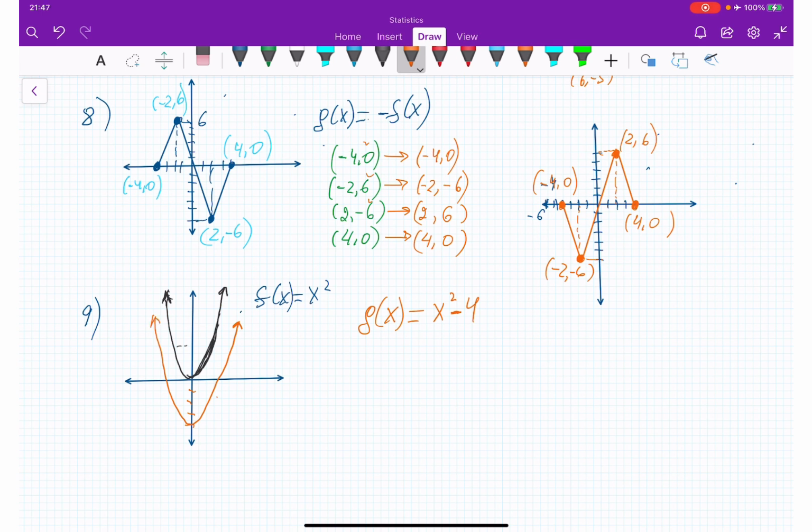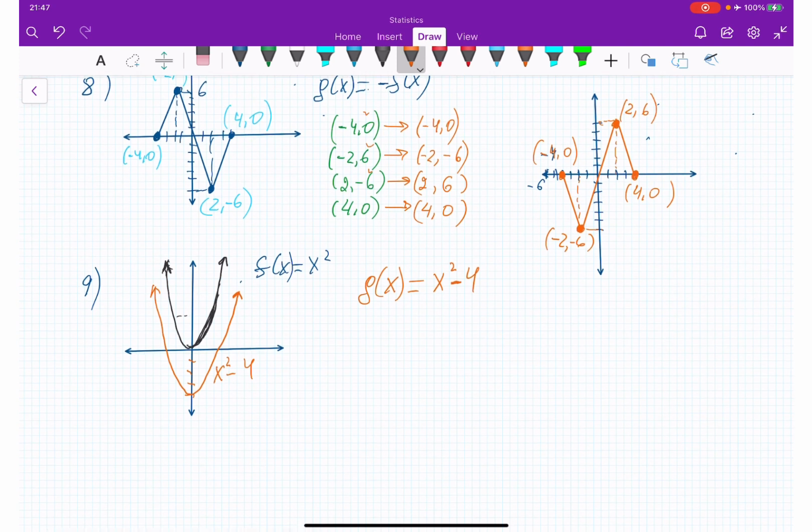So this will be x squared minus 4. That's exactly how we are going to build. It's very easy. Next one.